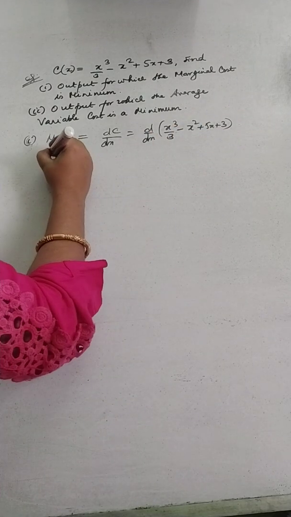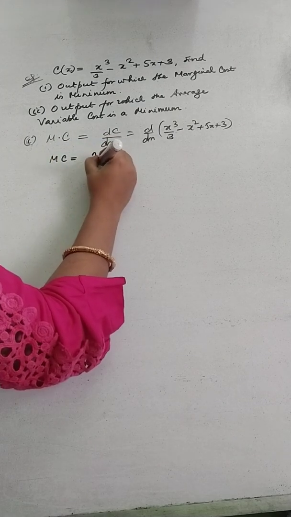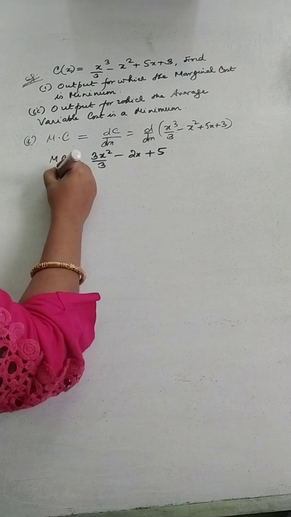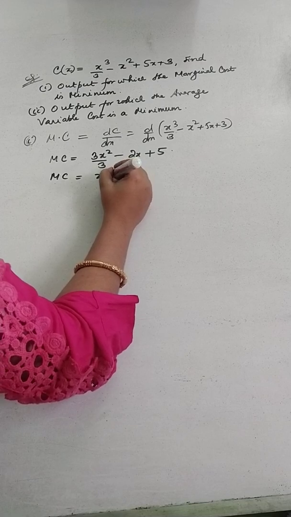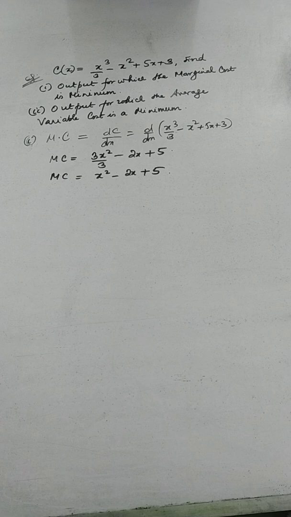So that means MC is equal to 3x squared by 3 minus 2x plus 5. In other words, MC is equal to x squared minus 2x plus 5. This is your MC.